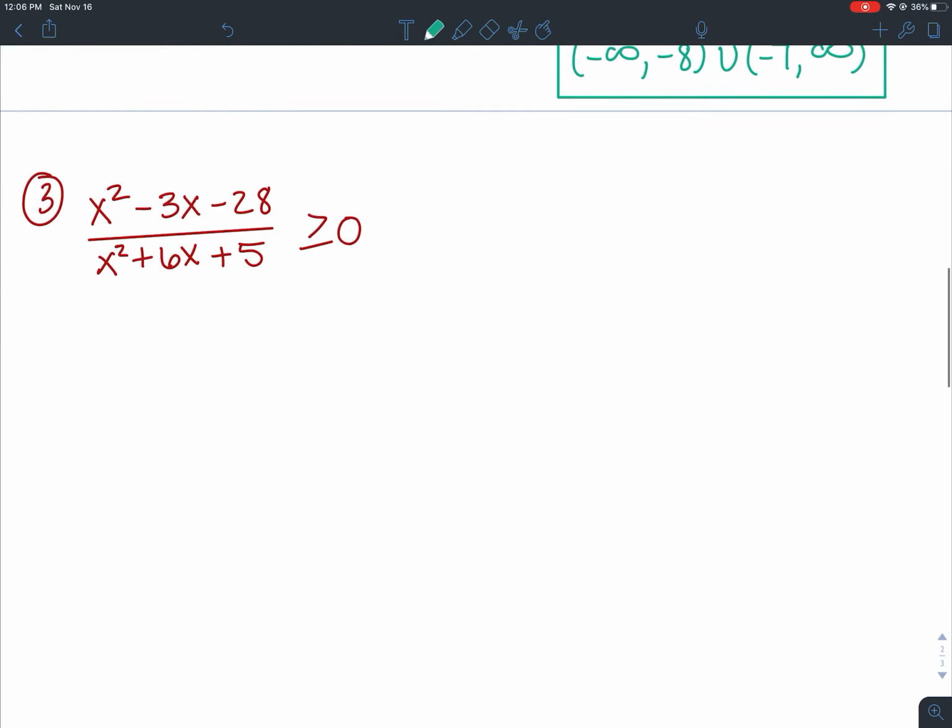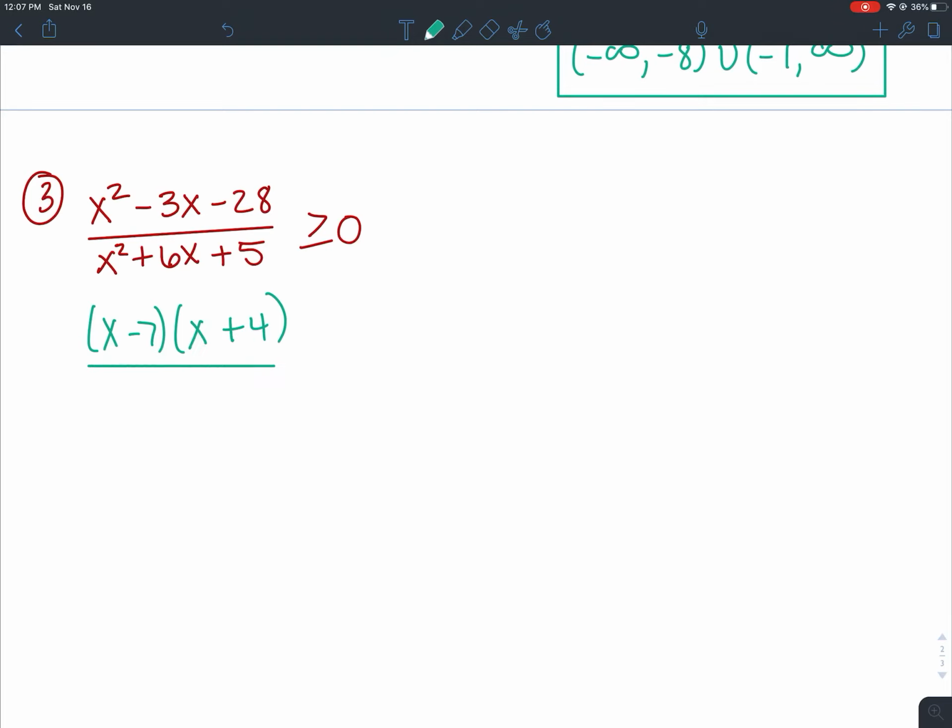All right, so here is number 3. This one's way easier. See if you can pause the video and do this problem for me. All right, so on the top, I can factor that to x minus 7 and x plus 4.